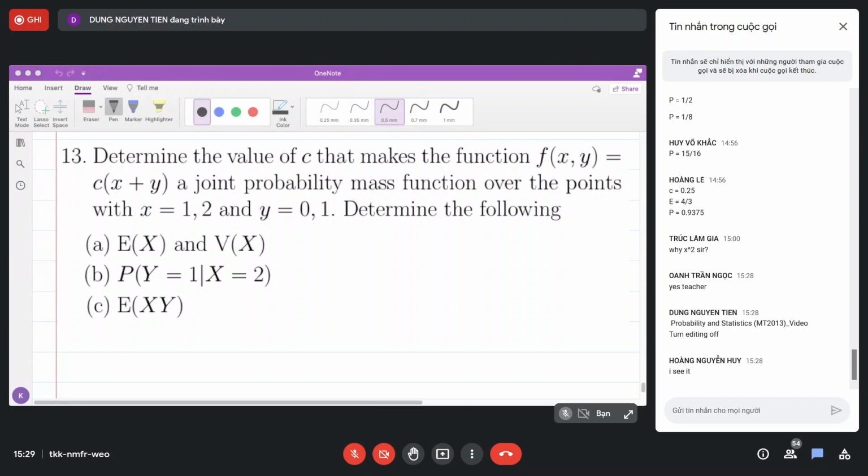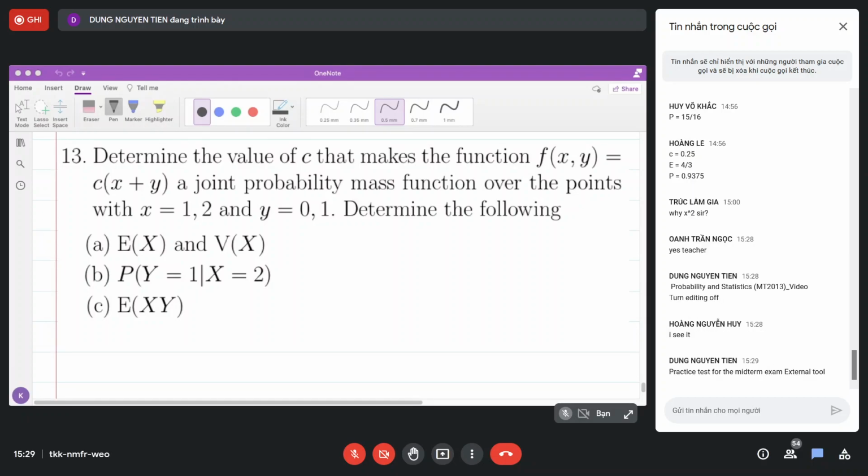And can you find this one? Do you see this one?